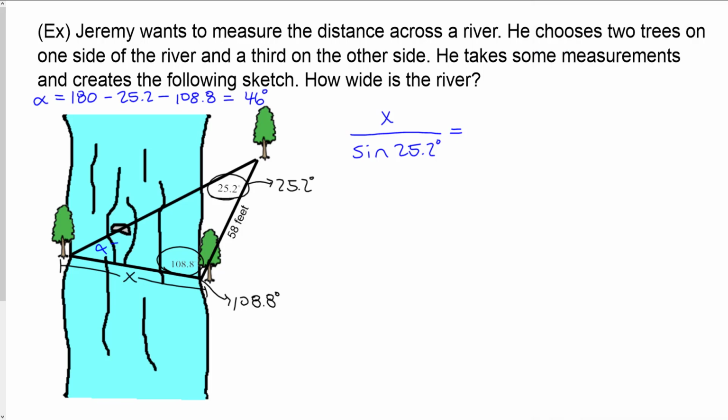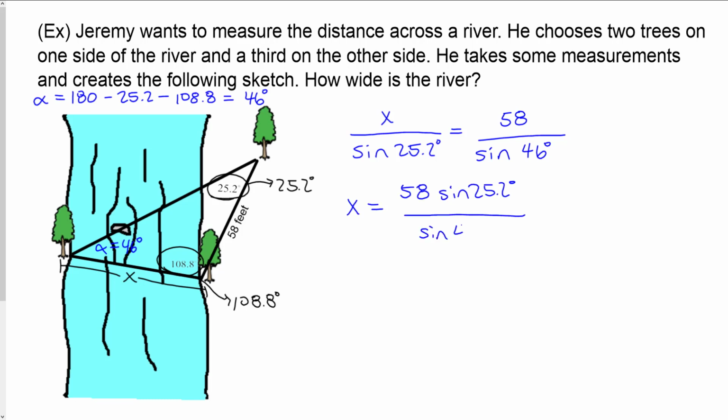So this angle measure is 46 degrees, and that's what's opposite the 58 feet. So I'm going to say then this is equal to 58 divided by the sine of 46 degrees. So that x would be 58 sine 25.2 degrees divided by the sine of 46 degrees.